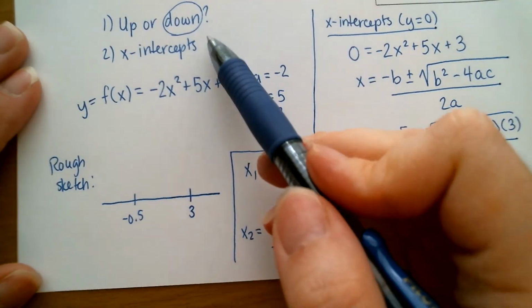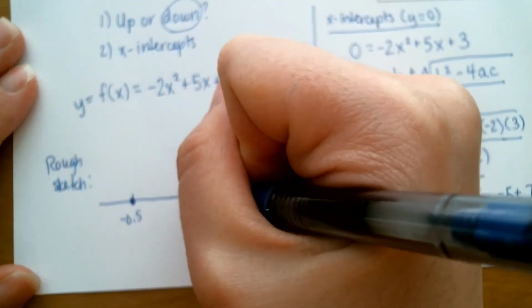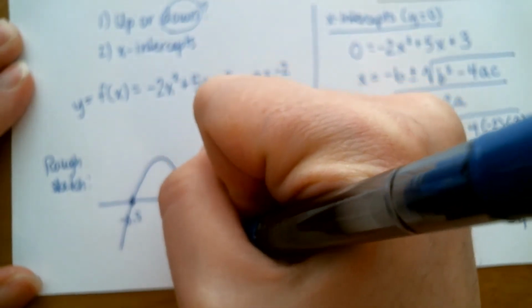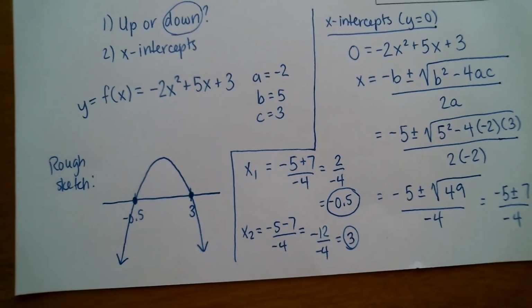We know from earlier that the parabola opens downward. So here are my x-intercepts, and we're opening downward. It's not helpful to know where the vertex is specifically, so we don't have to worry about that. There's our rough sketch.